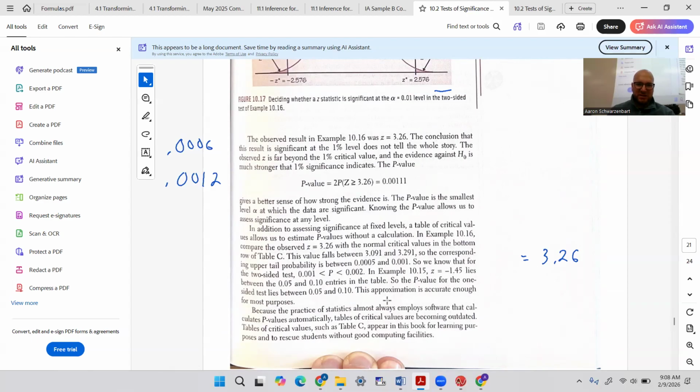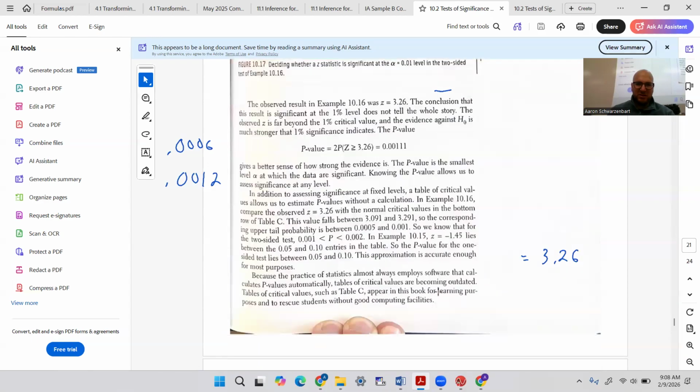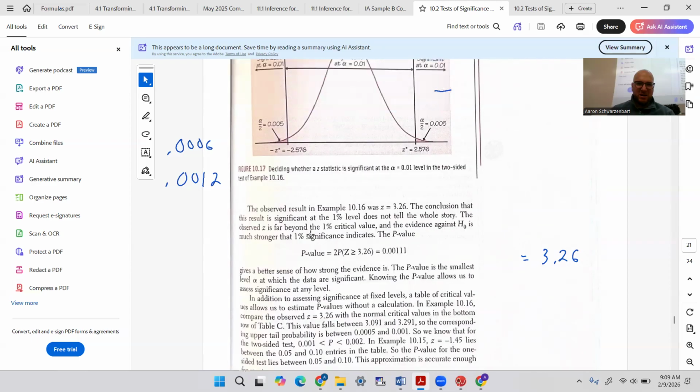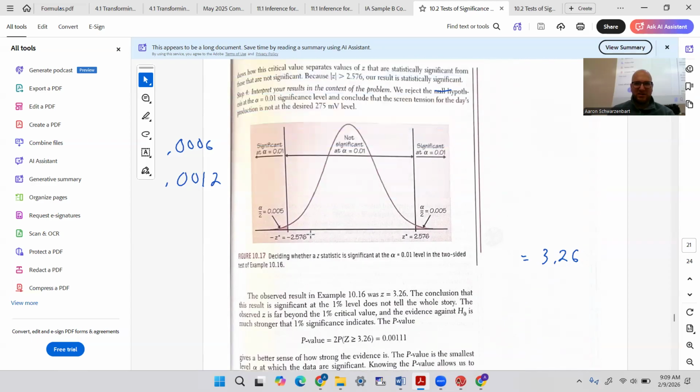So because of the practice of statistics, usually you're going to use software to get that value. But yes, we're going to have to reject these TVs, the whole batch from this day. Sell them as seconds. Give them away. Take the screens out and use the rest of it.